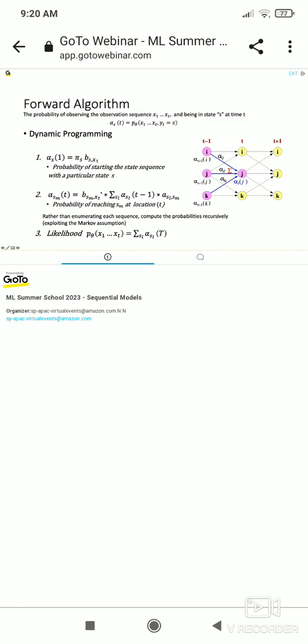Similarly, for alpha s of t, from the initial state to the successive states, we can make use of the recursive approach using the previous alphas and compute it efficiently rather than enumerating each sequence. Compute the probabilities recursively using the Markovian assumption.